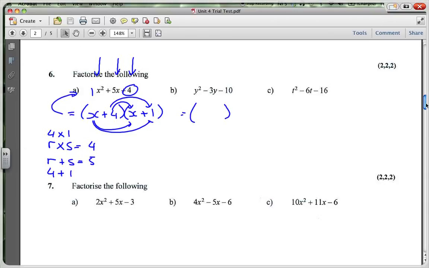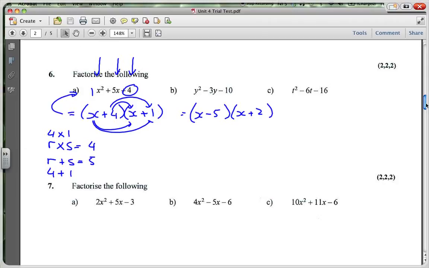Similar here, we're going to look for two numbers that multiply together to equal negative 10 and add together to equal negative 3. That would be negative 5 and plus 2. x minus 5, x plus 2. Minus 5 times 2 is equal to negative 10. Minus 5 plus 2 is equal to negative 3.